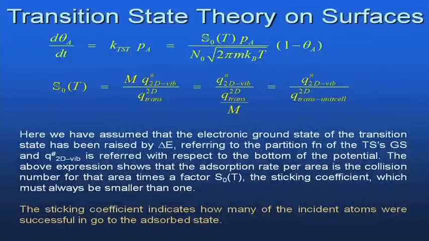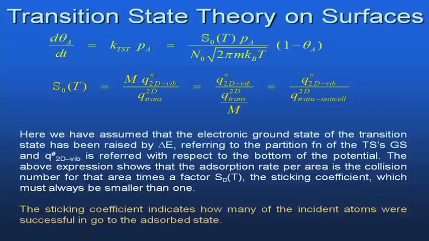So, therefore, we are just introducing a factor that reflects that not all the collisions are successful in making those atoms adsorbed onto the surface. So, it represents a fraction, okay.